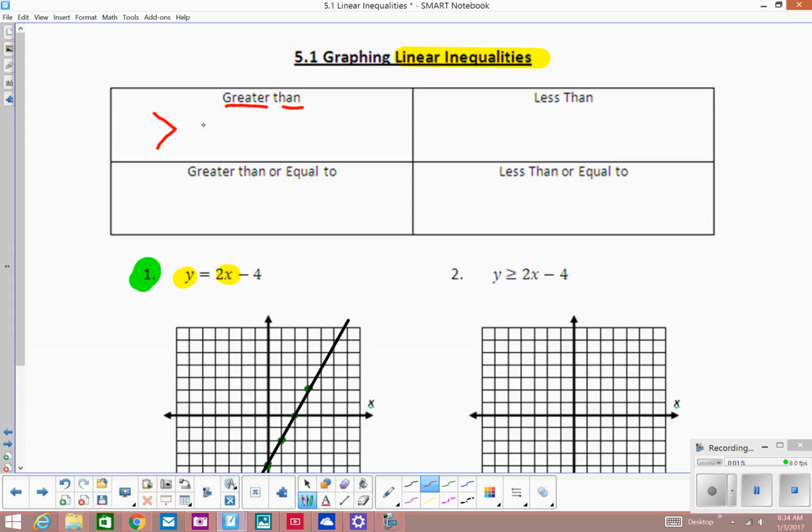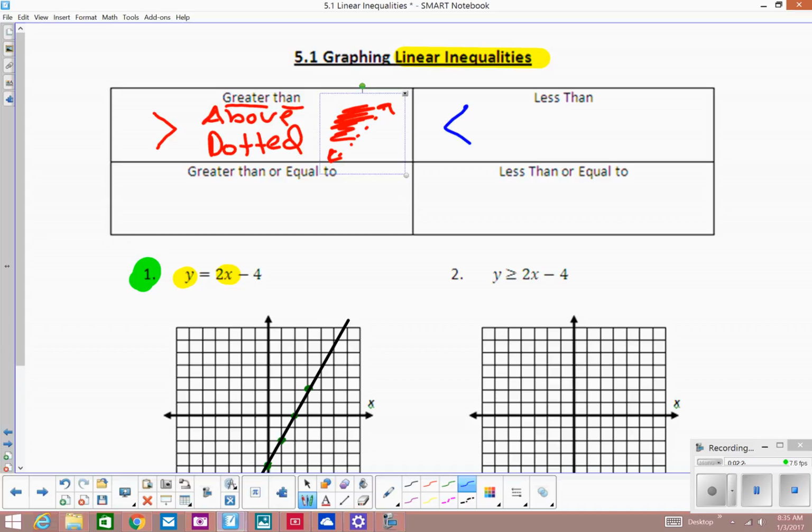So for greater than, we are going to shade above the line. And since it's just greater than and not equal to, we're going to draw a dotted line, okay? So it's just going to look something like this. I'll do a dotted line, and I'm going to shade above. Good. Now let's talk about less than.